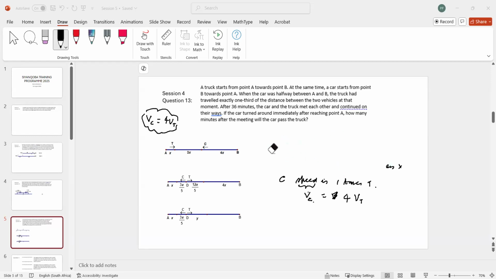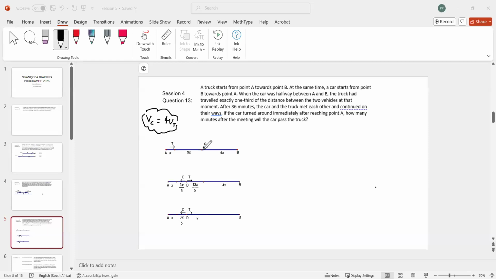I don't have much space, so I'm going to delete that. All right, that part is finished. Now they say after 36 minutes, the car and the truck met each other.